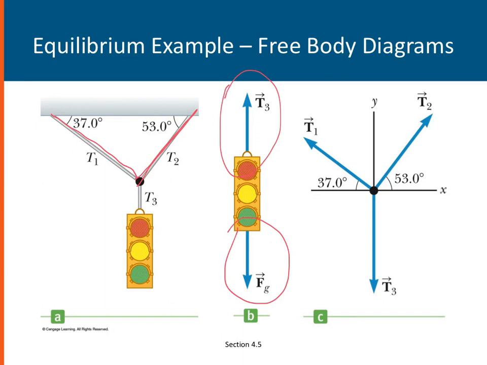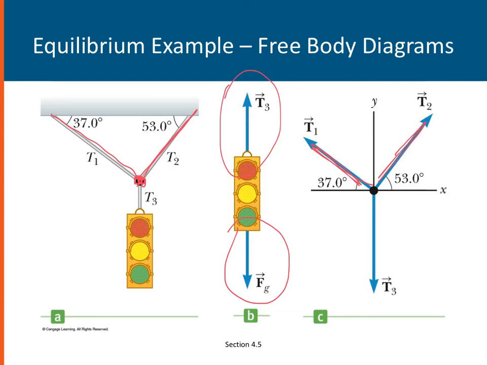Another point of concern would be this junction point right here, and we see that we have 3 forces acting on that. We have the tension down, so the string that's pulling down. We have the tension number 2 up and to the right, and then we have tension number 1 that's up and to the left.